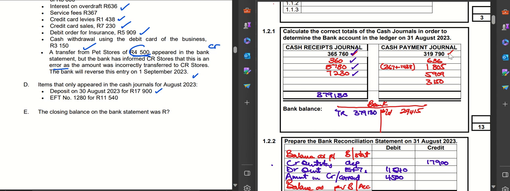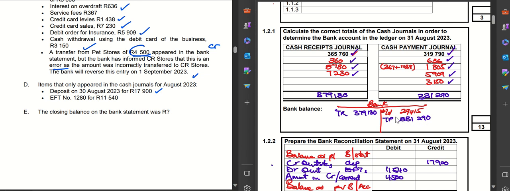I come here, I say 319,790 plus 636 plus 1,805 plus 5,909 plus 3,150. That gives me 331,290. So I'll come here, total payments 331,290.